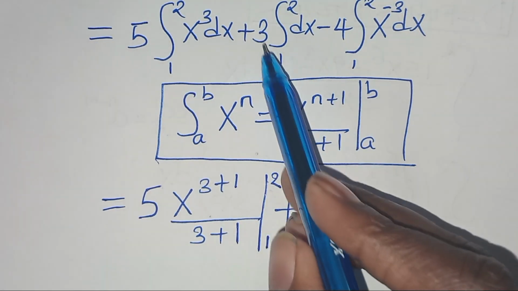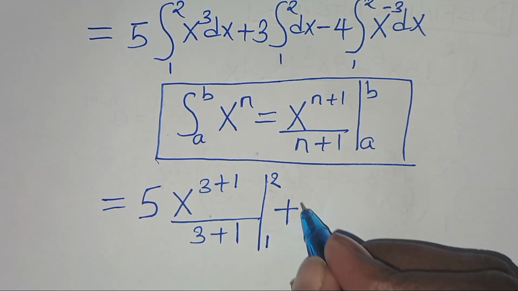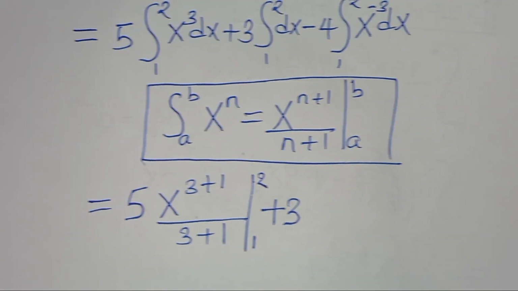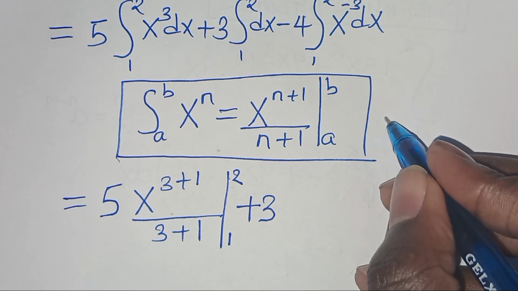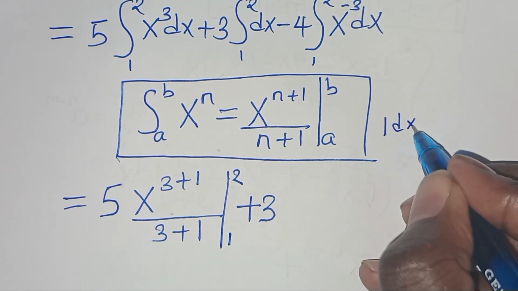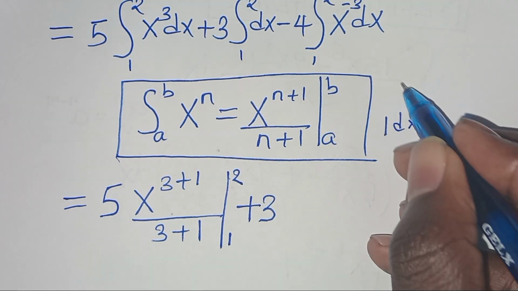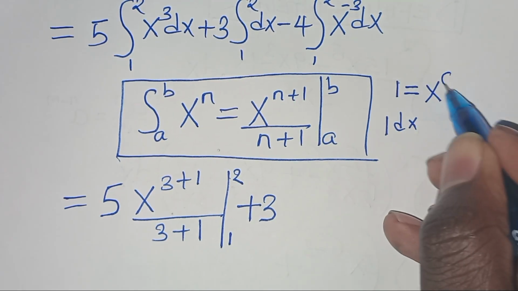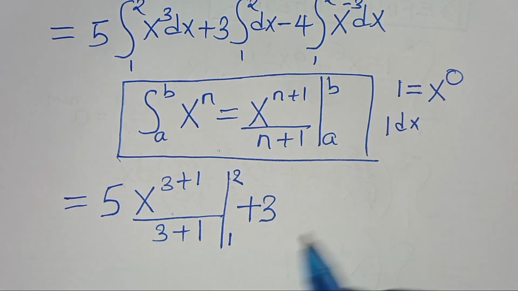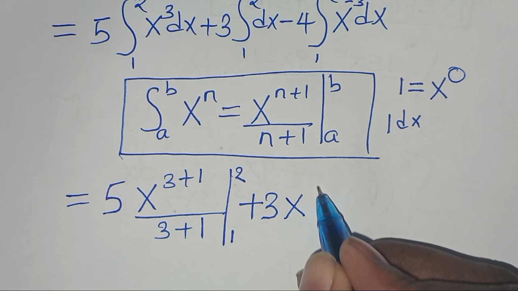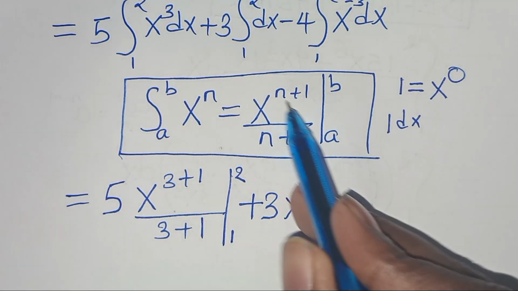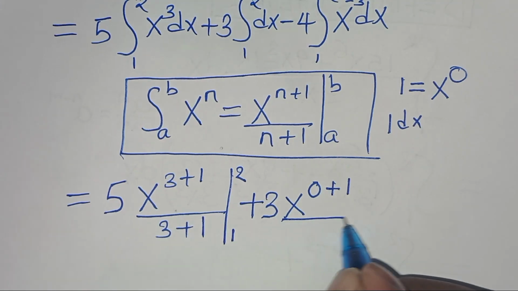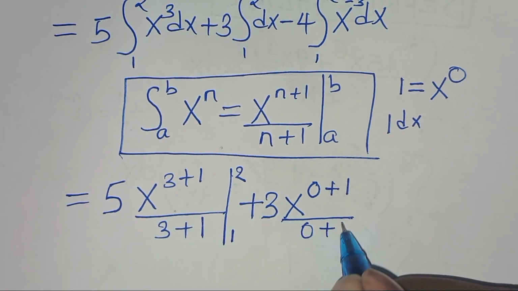Now if you check here, we have constant 3, so we have 3. Here we have dx. Something you need to check here, this is the same thing as 1 dx. Remember that 1 can also be expressed as x^0. Applying this property, this is x^(0+1) over 0+1.